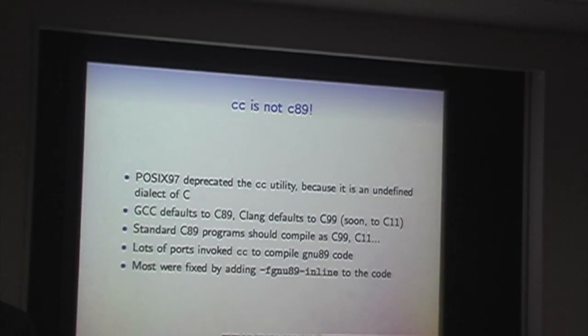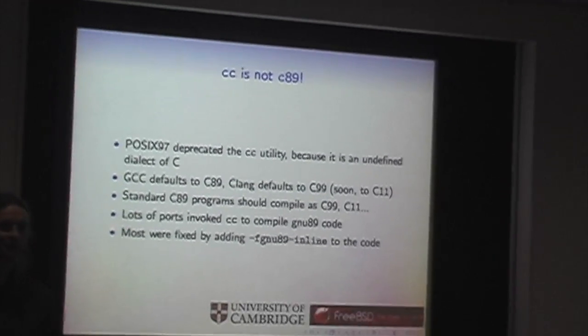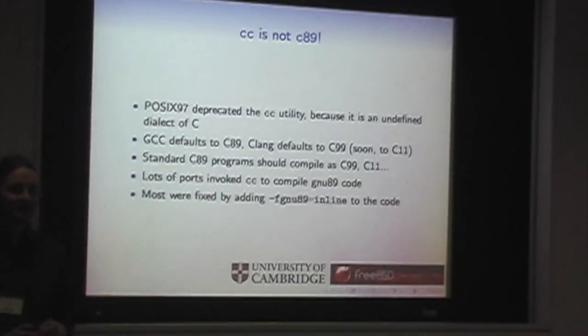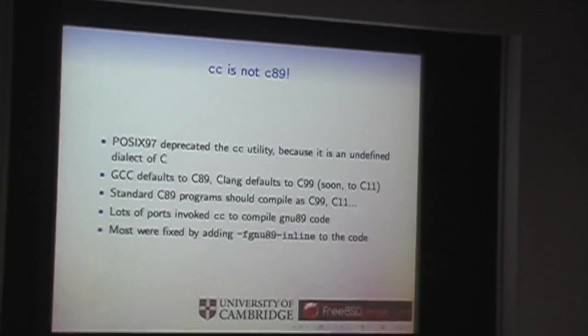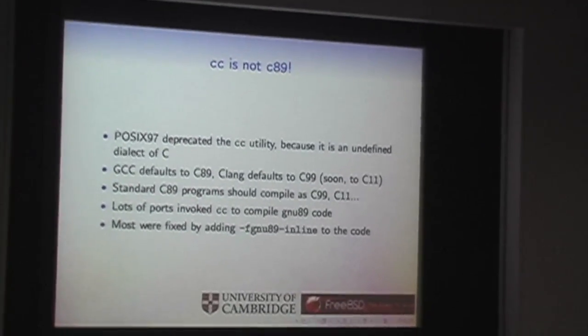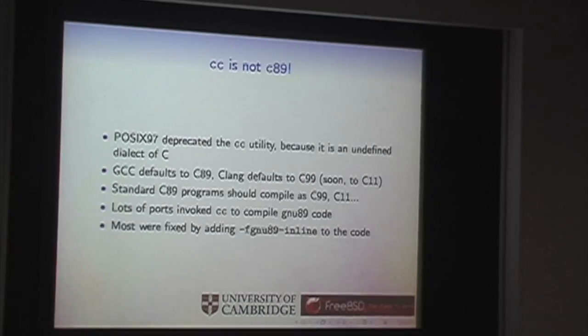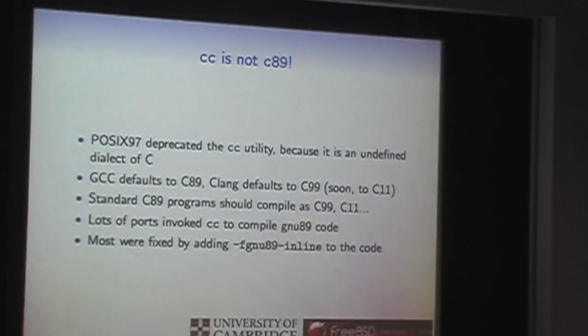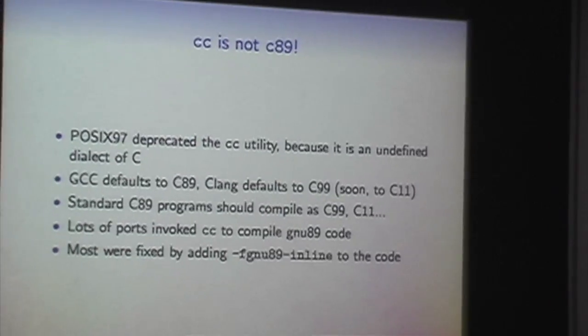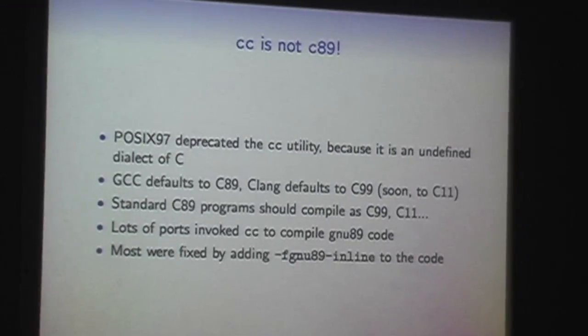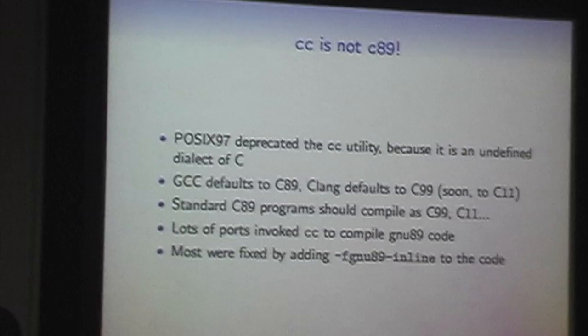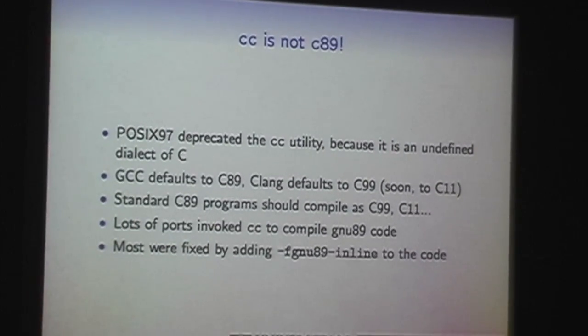One was, anyone remember POSIX 97? That was a little while ago now. They deprecated the cc utility because it accepted an undefined dialect of C. And back when POSIX 97 was specified, that was either K&R C or C89. Now it might be C99 or C11.